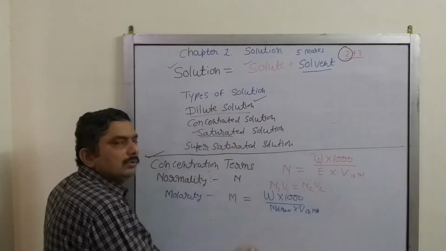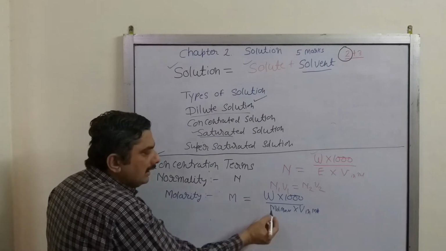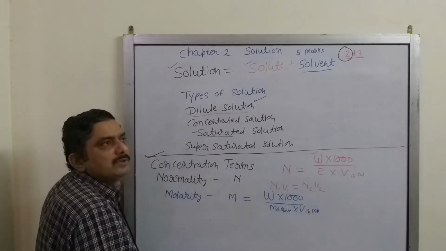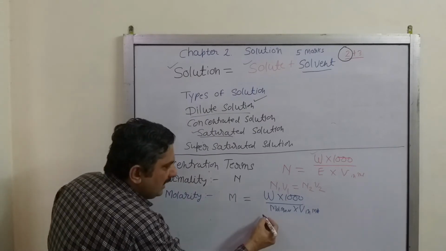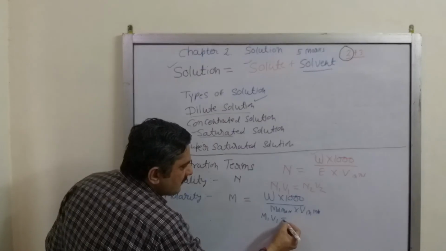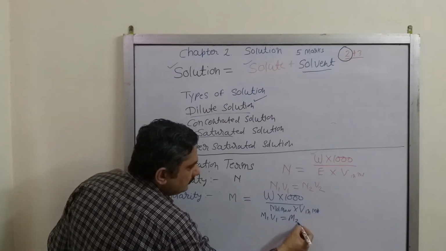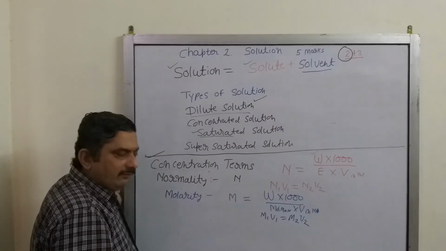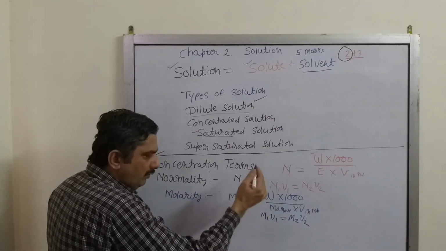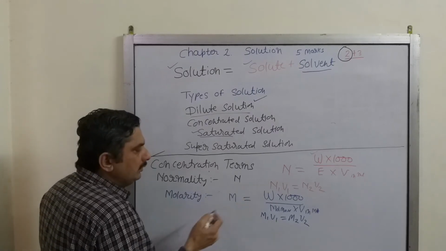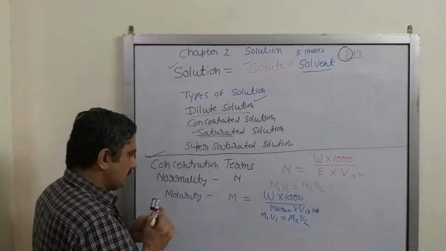W is weight of solute, molecular mass of solute, V is volume of solution. The second formula is M1 V1 is equal to M2 V2. M1 is molarity of first solution, V1 volume of first solution, M2 molarity of second solution, V2 volume of second solution.